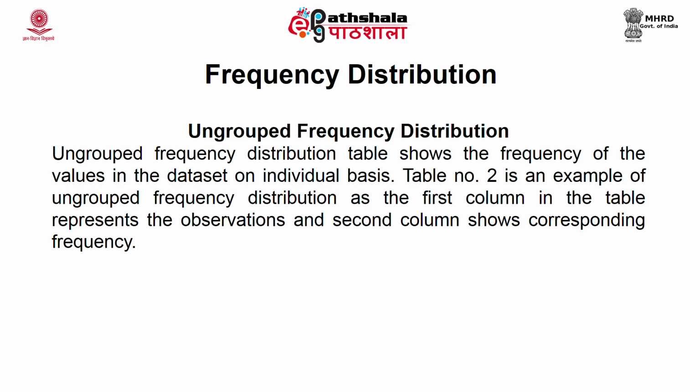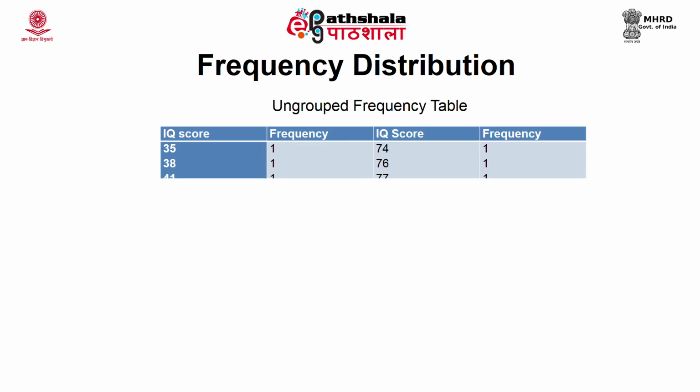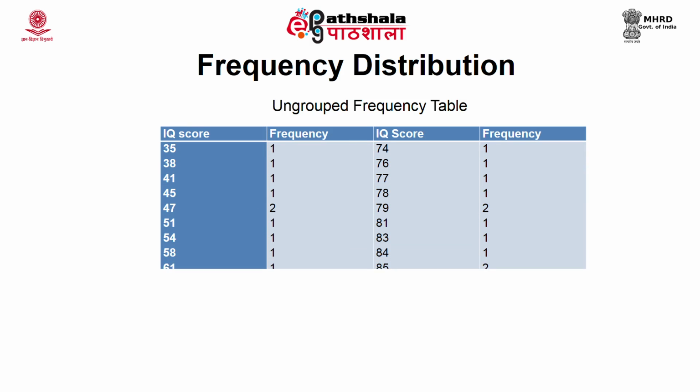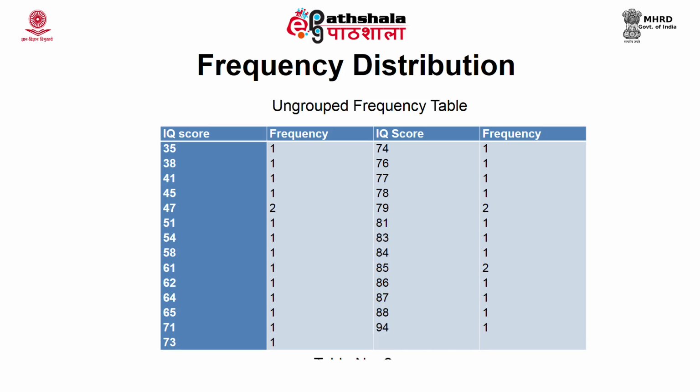Table number 2 is an example of ungrouped frequency distribution, as the first column in the table represents the observations and the second column shows the corresponding frequency. From table 2 you can see that on the left hand side we have the IQ scores of the students and correspondingly the frequency on the right hand side.